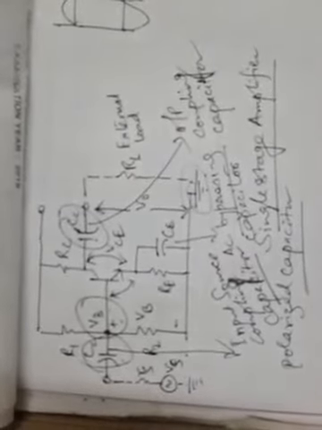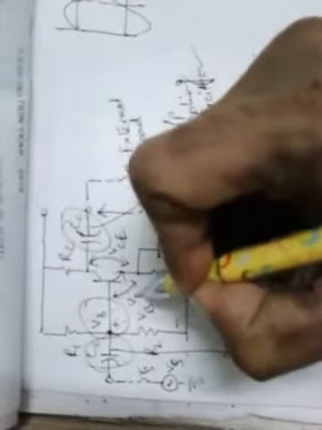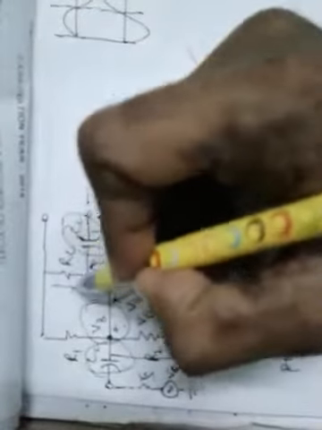As we have already discussed earlier, the signal voltage alternately increases and decreases the VBE, because it is alternating in nature. This alteration of VBE will cause the base current IB to change, and the change in IB will produce a variation in IC. So this IC will vary the voltage drop across the collector resistor RC, because IC flows through this RC.